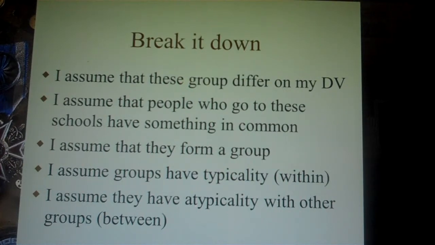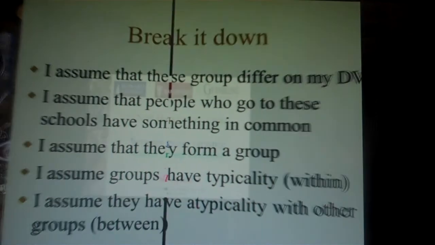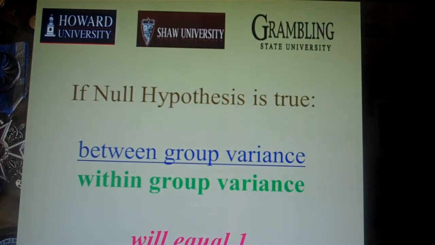We talked before about typicality and atypicality. It comes into play here again, same as it did with the t-test before. All right, in conclusion, if the null is true, then between and within are the exact same number.